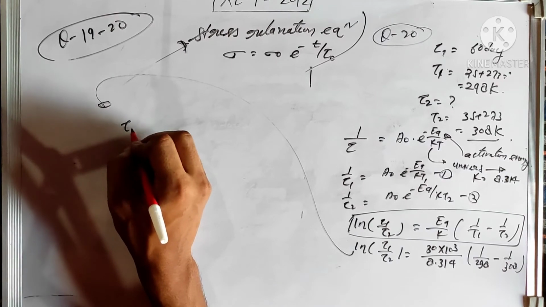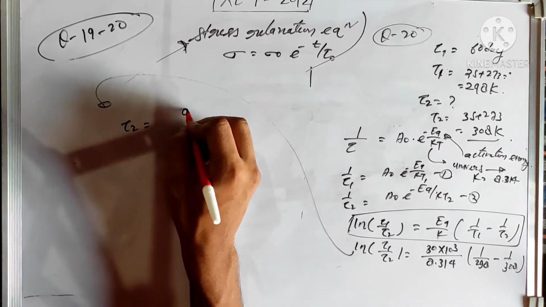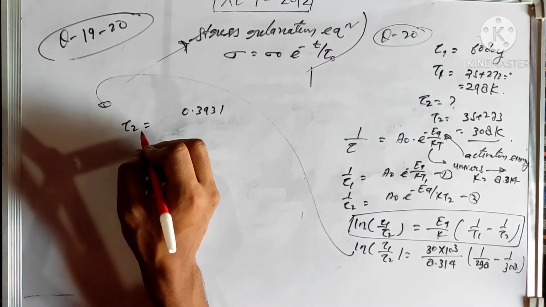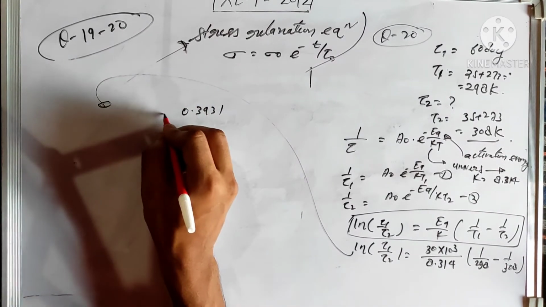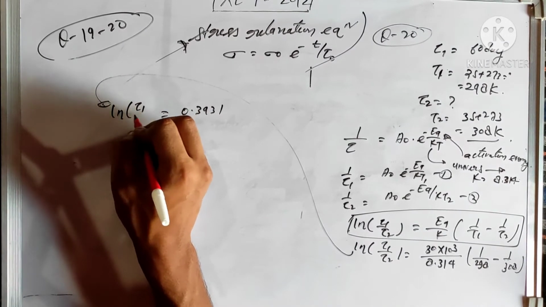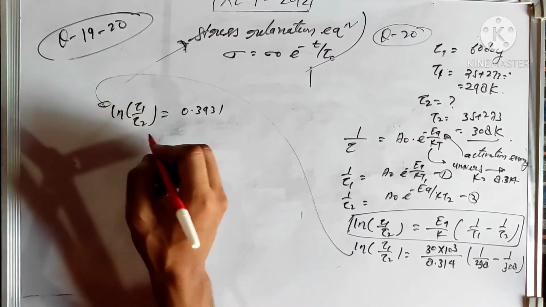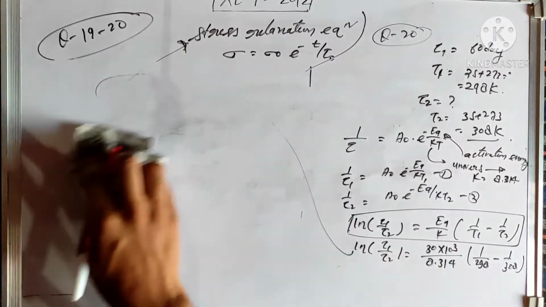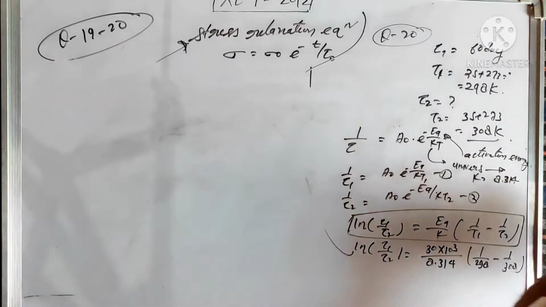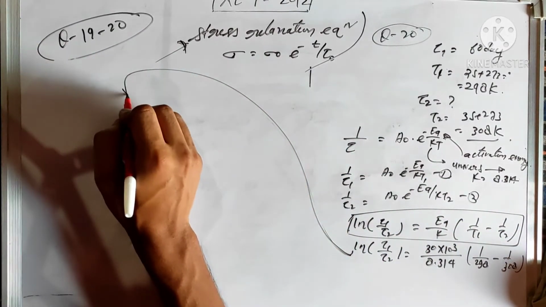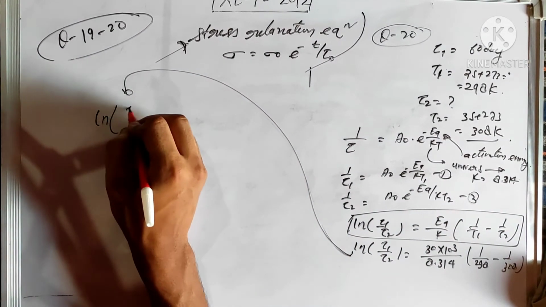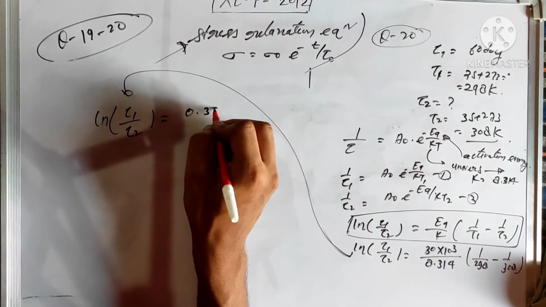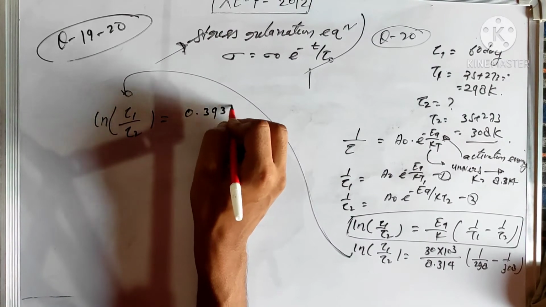After solving this equation, you get ln of tau 1 upon tau 2 is equal to 0.3931.